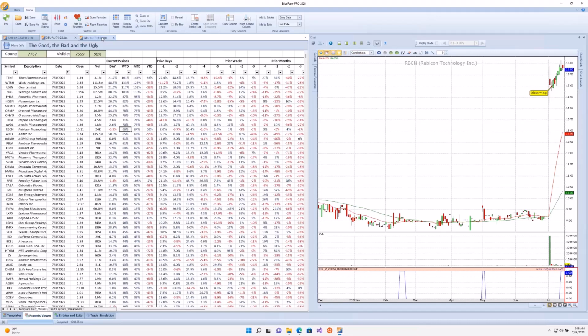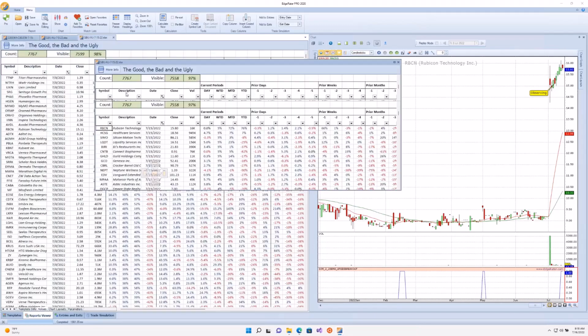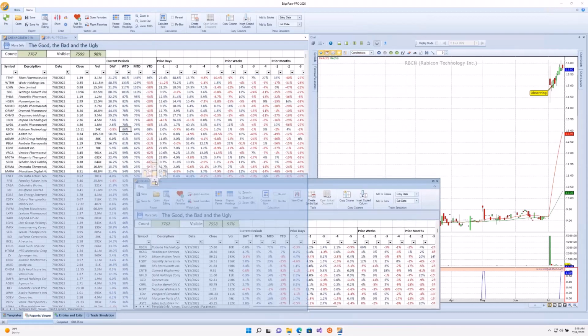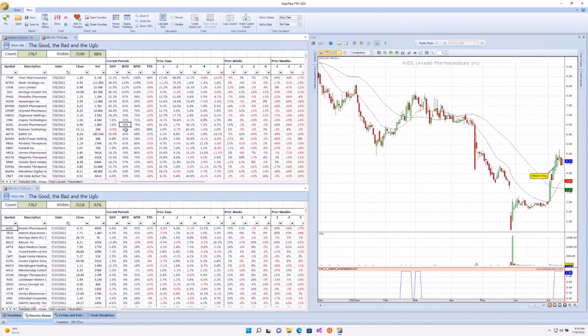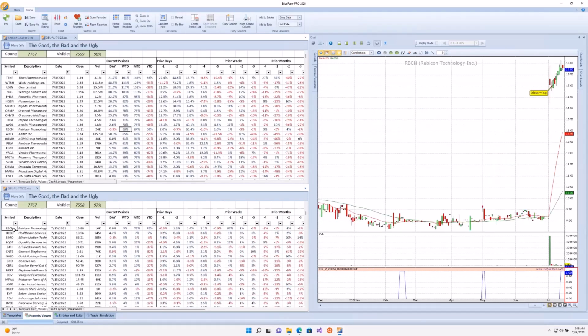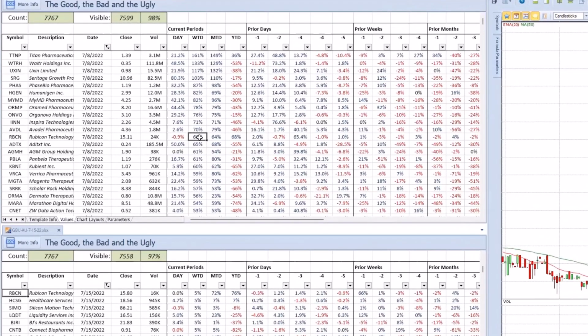Now what you can do is take your 7:15 run and just drag it, like we did last week, to an area below here, so that as I'm looking at any of these stocks, that stock will be brought to the top of every report that's open. So now I can see that it was a 66% weekly gainer on the 8th of July, and then this week it was a 5% gainer.